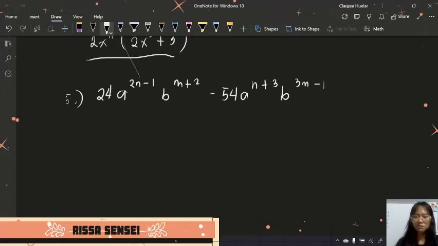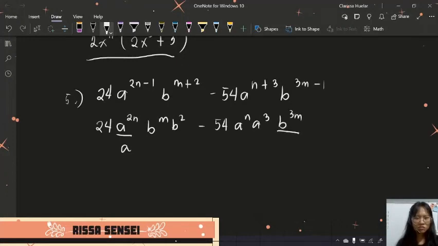So kapag minus, sabihin over yun, you are dividing. So, ito, pwede natin gawing 24a raised to 2n over a. Tapos, ito, b raised to m, b squared, kasi plus. So, pag plus, multiply. Kapag minus, divide. Then, 54a and a cube b raised to 3m over b.